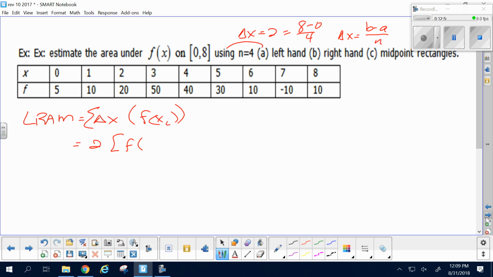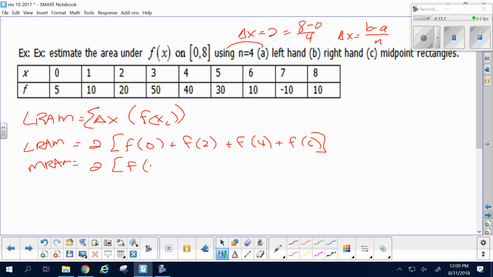F at 0, f at 2, f at 4, and f at 6. Just like the other one. I should have made it different. All right. What about midpoint? F at 1, f at 3, f at 5, and f at 7. Boom. What about right?